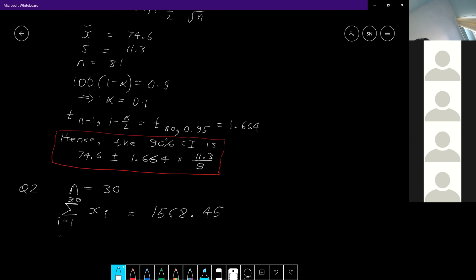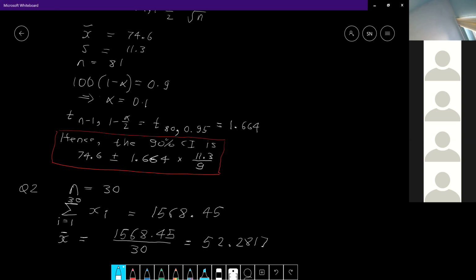Which implies that x bar, remember, x bar is the sample mean, which is the sum divided by the number of data. So it's going to be 1568.45 divided by 30, and that's approximately equal to 52.2817.